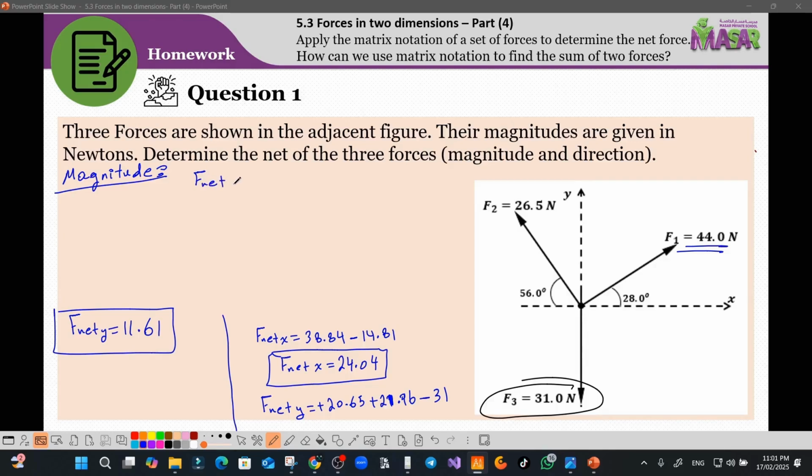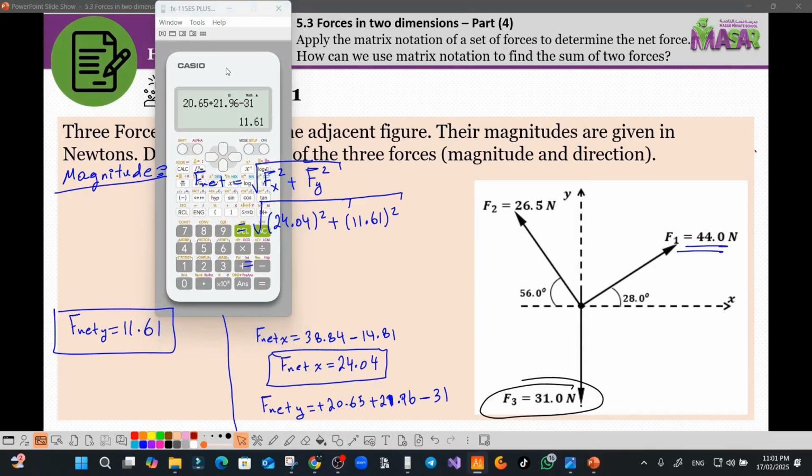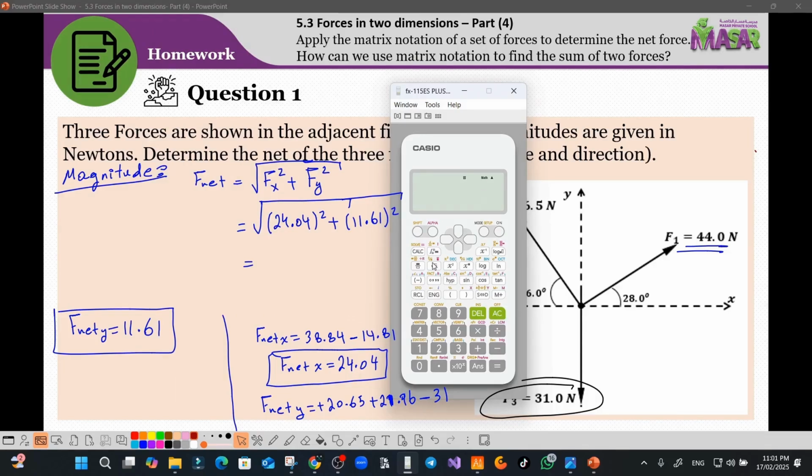The Fnet is equal to the square root of Fnet x squared plus Fnet y squared, which is equal to 24.04 squared plus 11.61 squared. So the answer is 26.69.